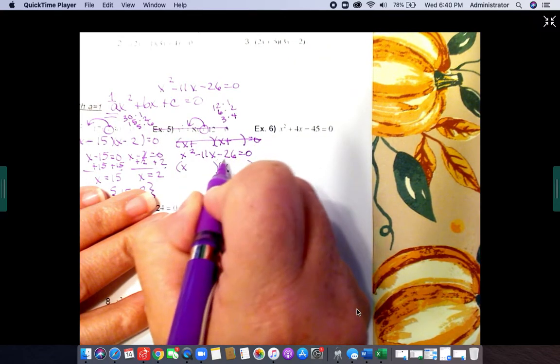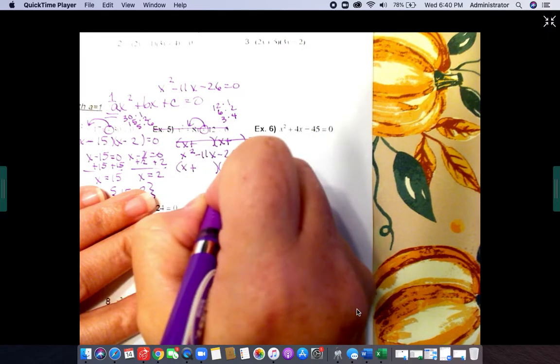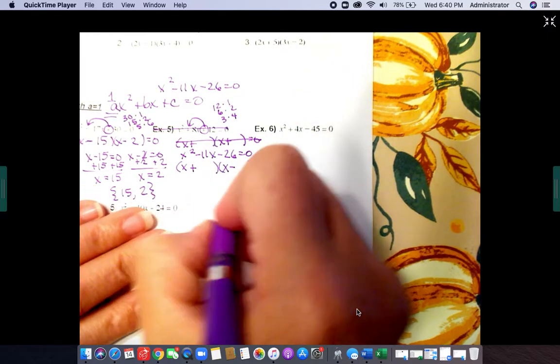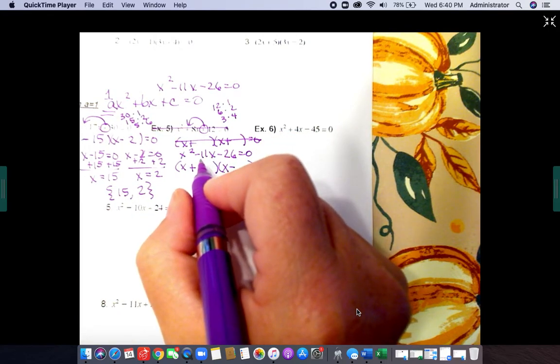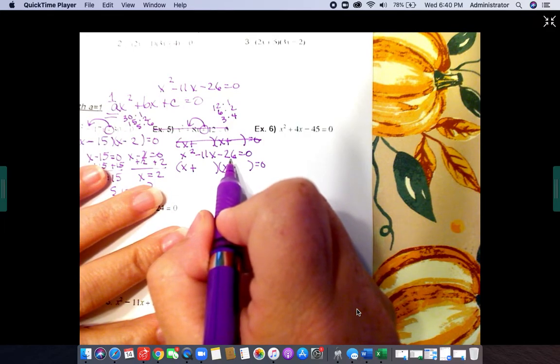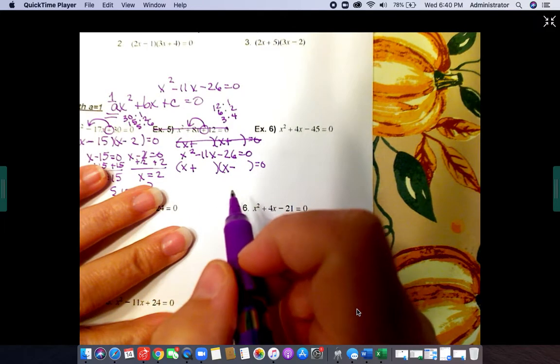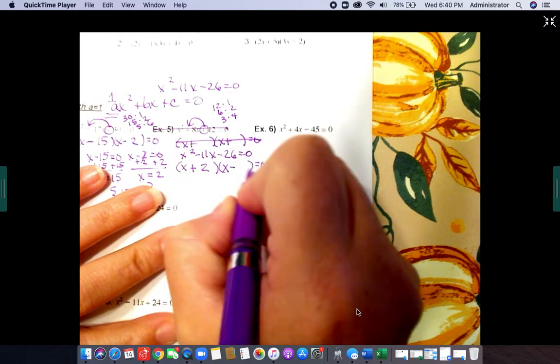Again, our constant here is negative, meaning we need a positive times a negative to give us a negative 26. And 26 and 1 are factors, but 26 and 1 won't give us 11. However, 26 is an even number because it ends in 6, which is even. So half of 26 is 13.